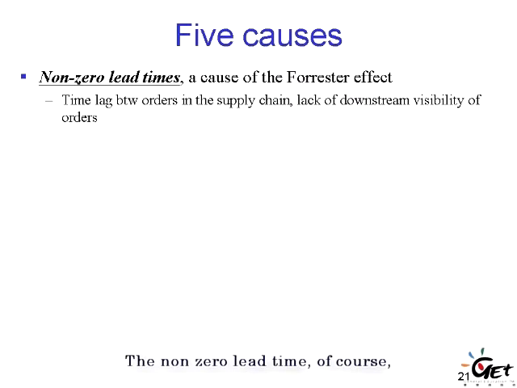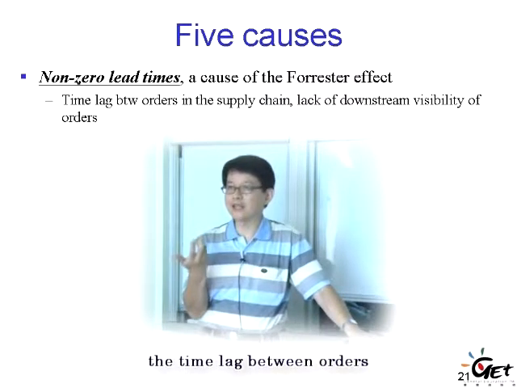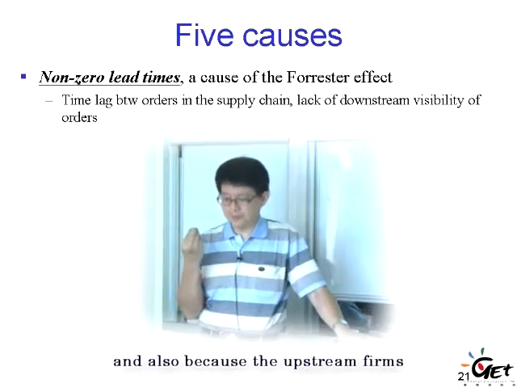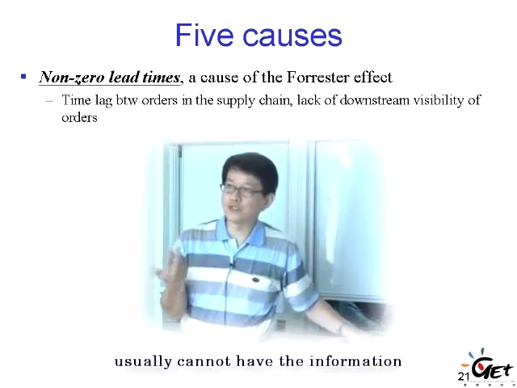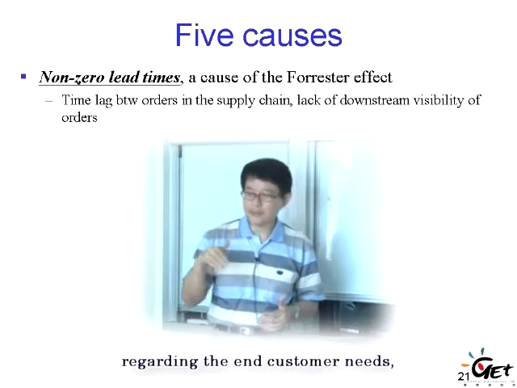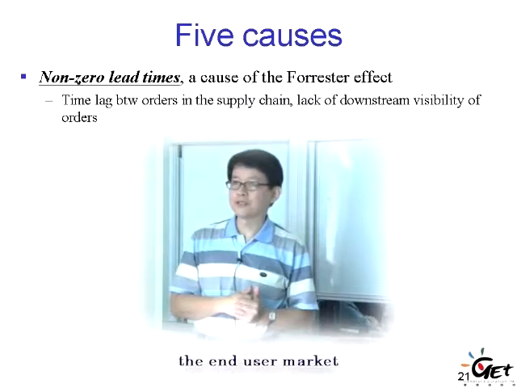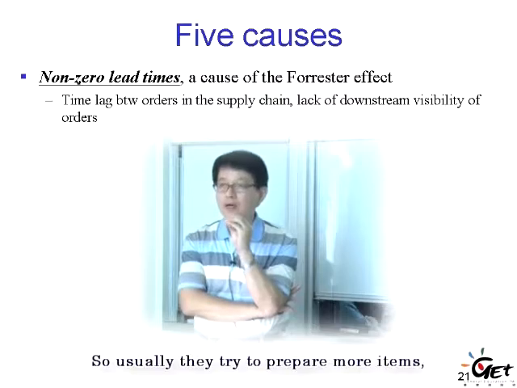Okay. The first is the non-zero lead time. Of course, typically we need to wait for some time for the items to arrive at the factories, right? Because there is a time lag between orders in the supply chain. And also because the upstream firms usually cannot have information regarding the end customers' needs, the end user markets, they try to prepare more items.